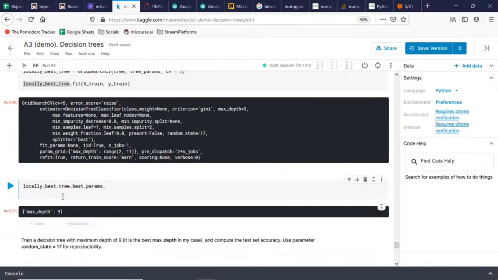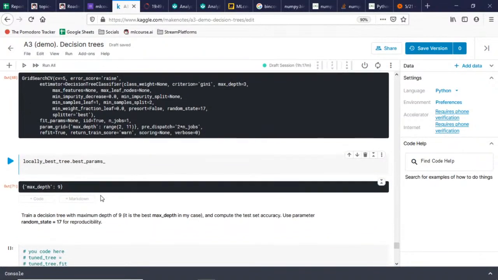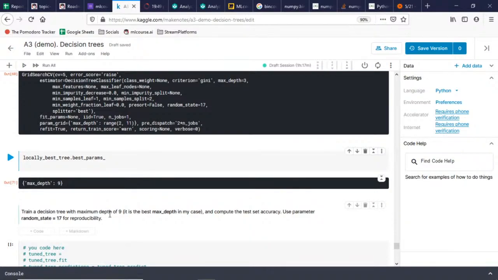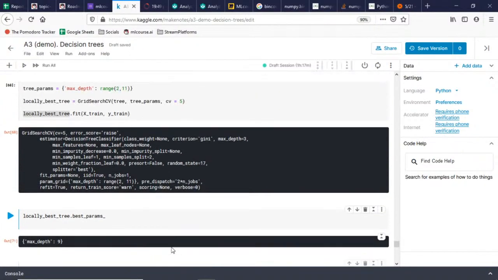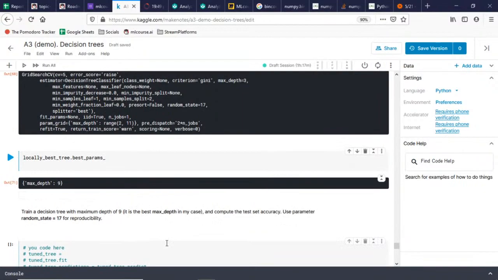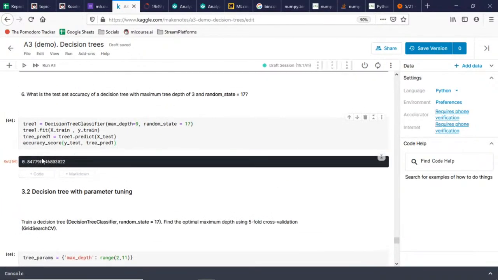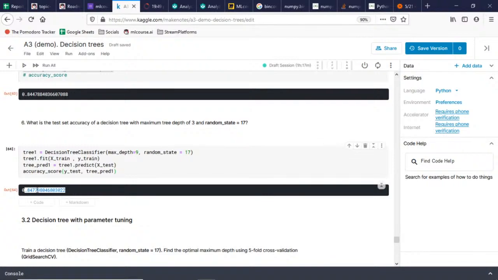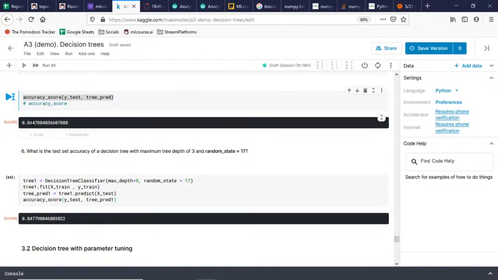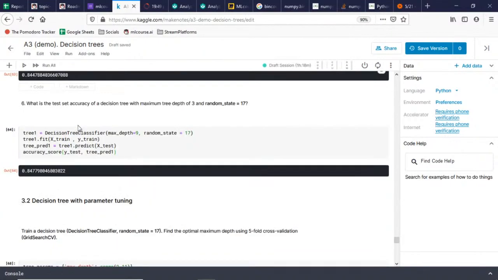Yeah, so we got the best parameters for this tree. The maximum depth of the tree was equal to 9. So yeah, I guess we were actually close by using 3.